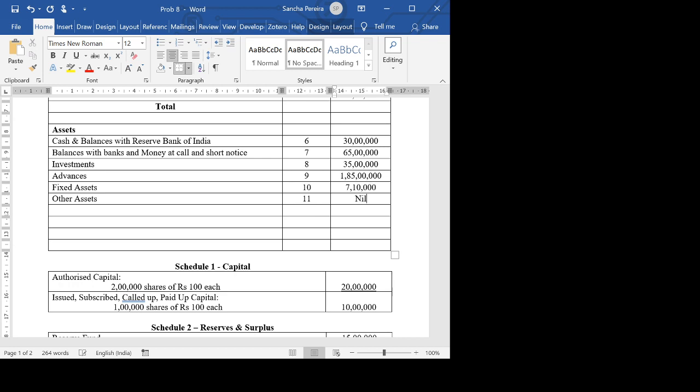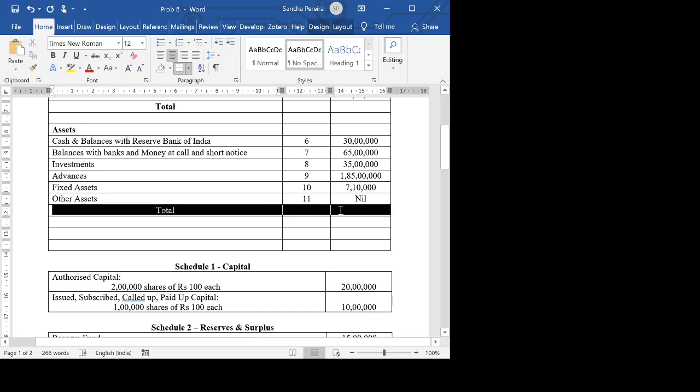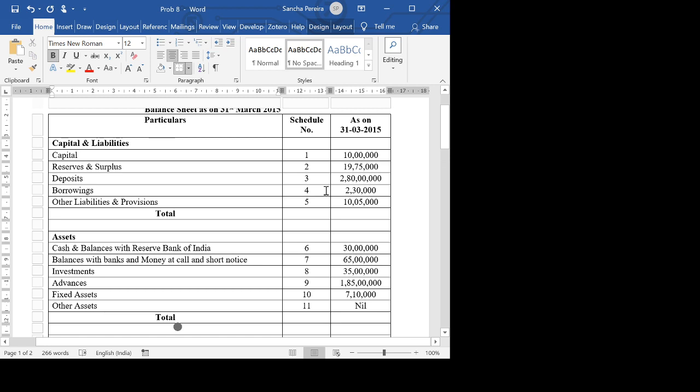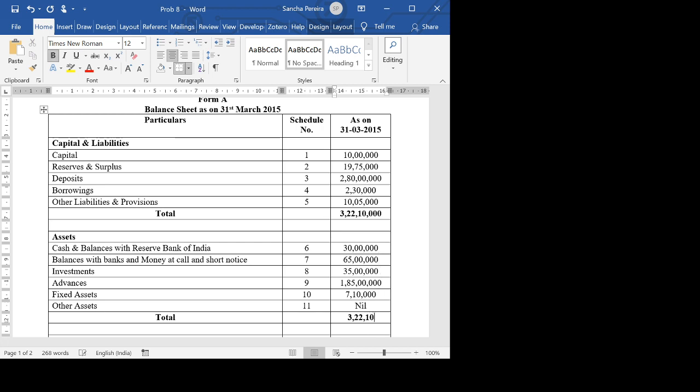This is nil. So if you total the two sides, the total is 3 crores 22 lakhs 10,000. Okay.